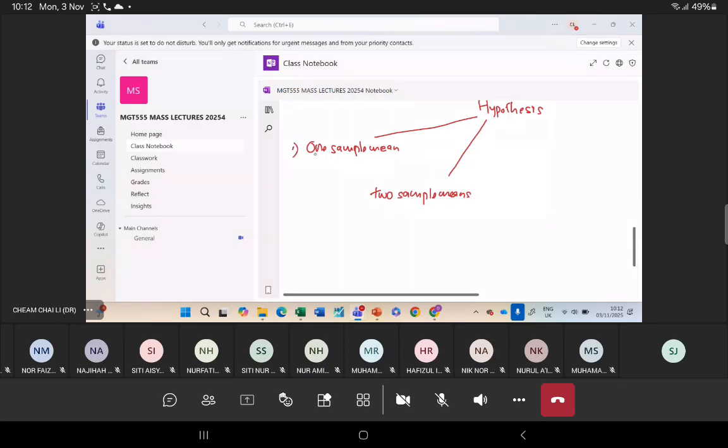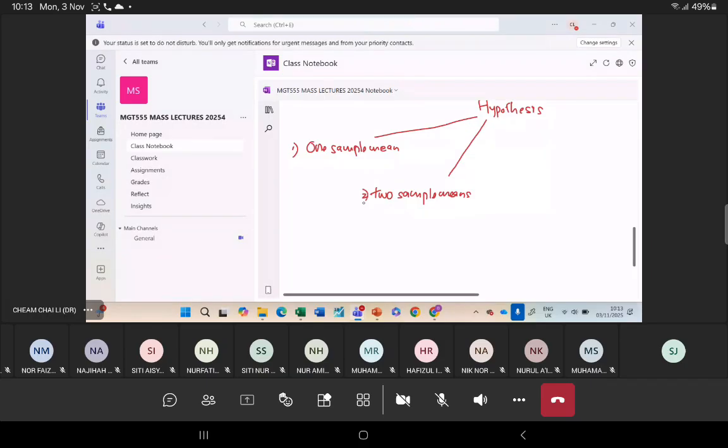The first one, one sample mean, we only have one group, and then we check whether the mu is according to the standard, or it is not according to the standard, or if there is any complaint from the customer or from the patient saying that they have waited for more than this normal standard, then the management has to conduct a study, right? If this is based on this one group of members in the sample, you use the one sample mean.